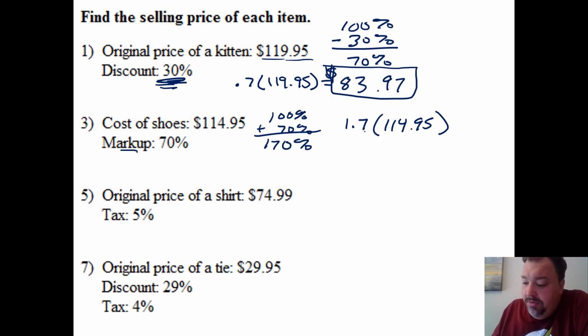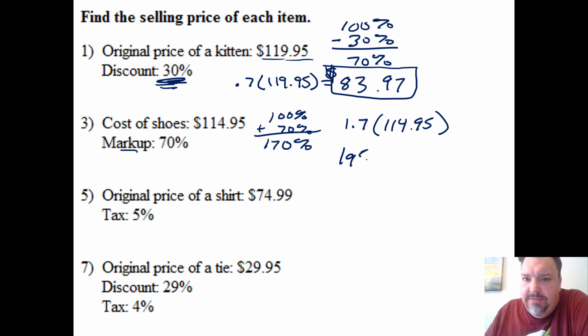So let's type that in, 1.7 times 114.95, and we get a final price of 195.415.